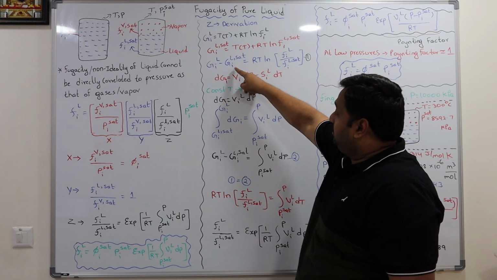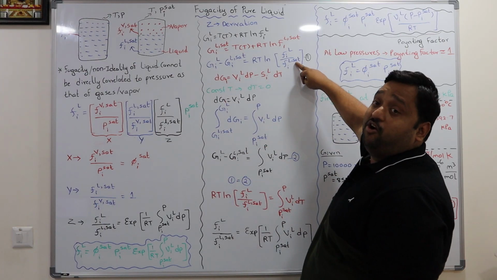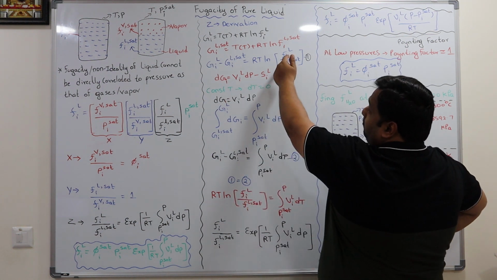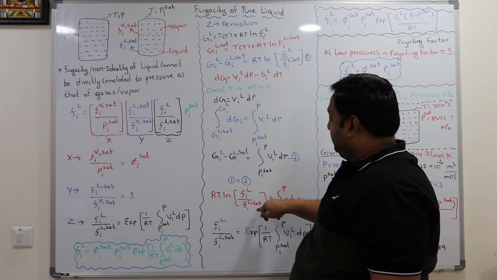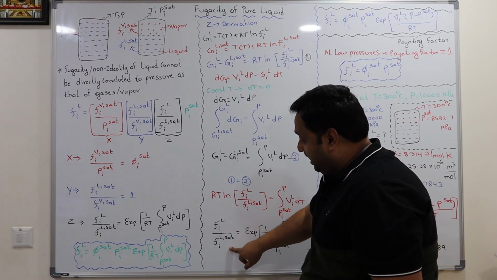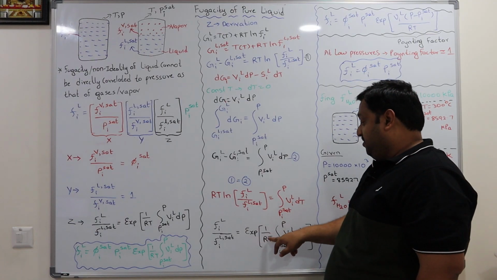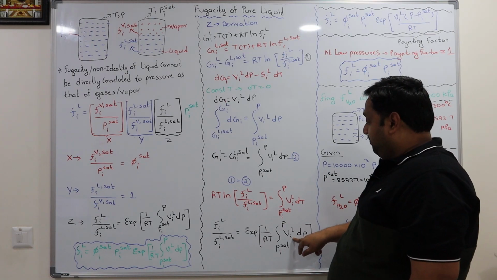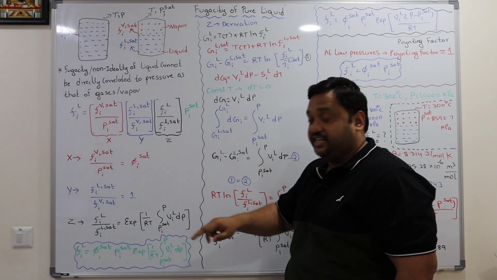Both are the same on the left hand side, so I can equate the right hand side. Then RT ln f_iL by f_iL sat equals this integral term. So f_iL by f_iL sat is nothing but exponent of 1 by RT integral P_i sat to P of V_iL dP. This is how I got this expression.